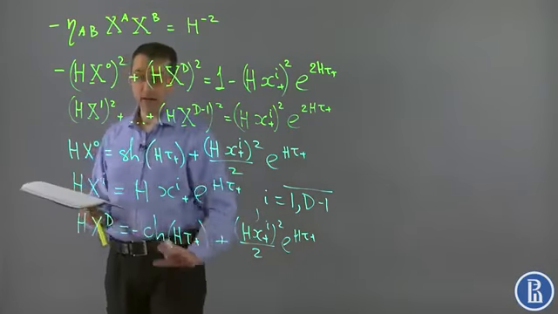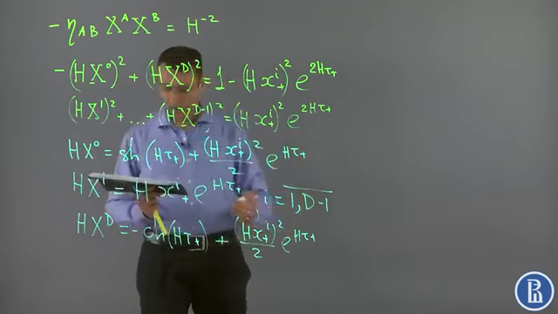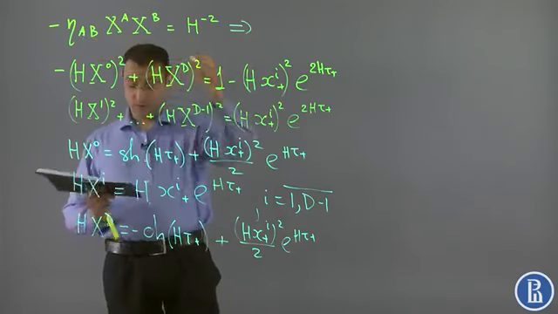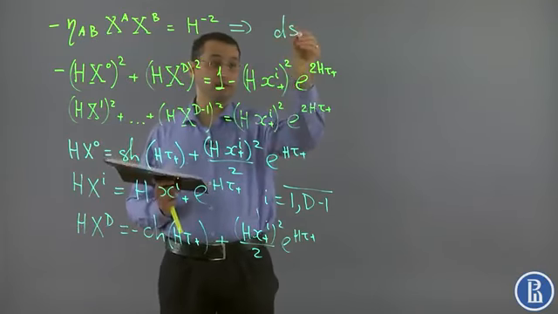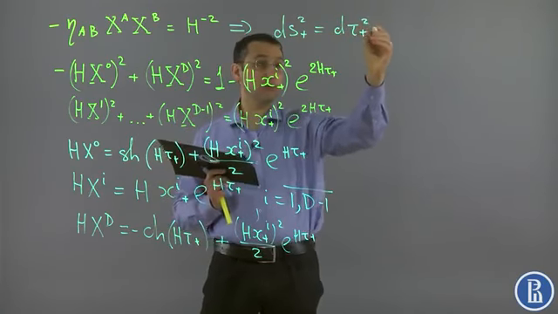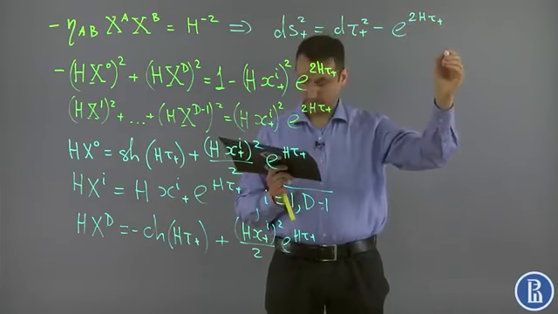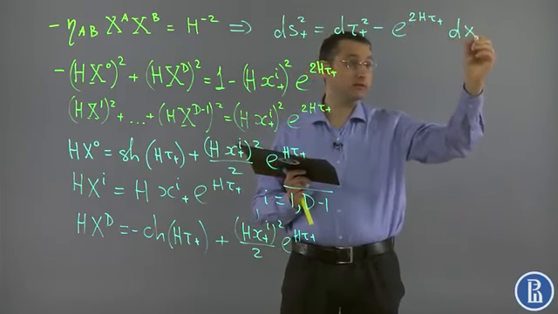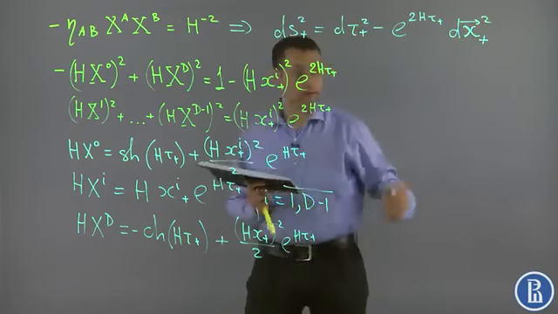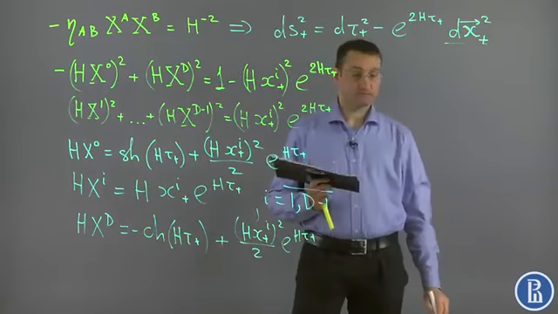So if we plug now these expressions into the ambient space Minkowskian metric, we get the metric induced on this space of the form ds plus squared equal to d tau plus squared minus exponent of 2h tau plus dx plus vector squared. This guy is just this thing here.